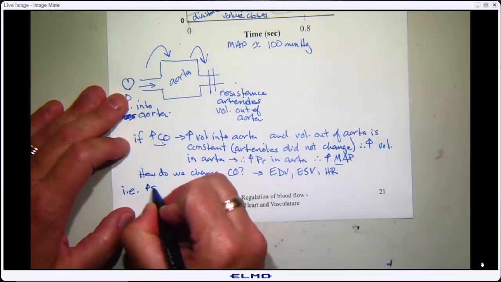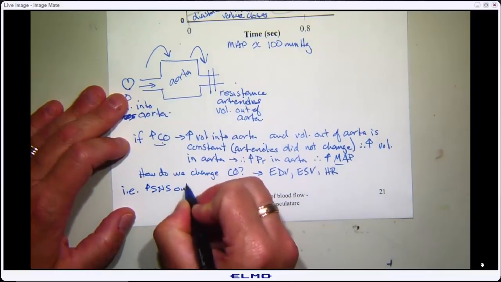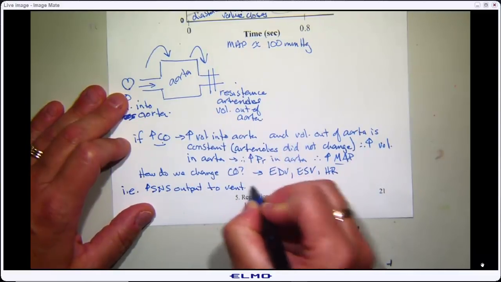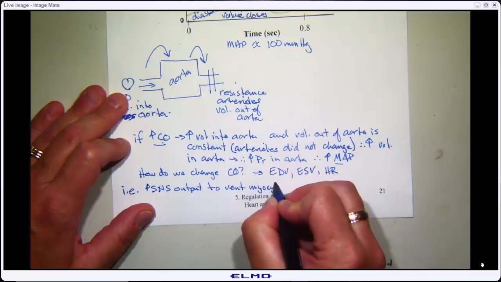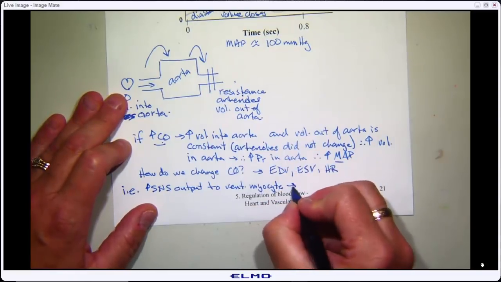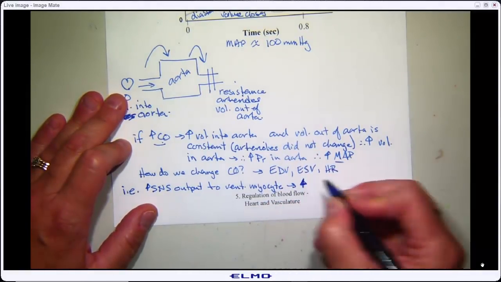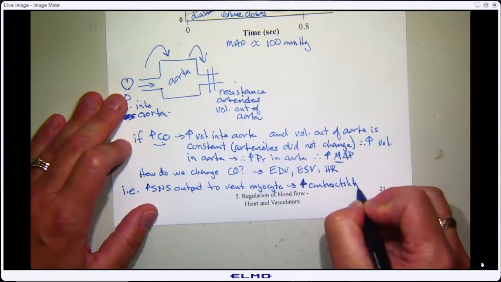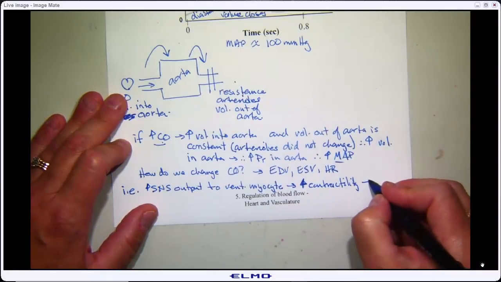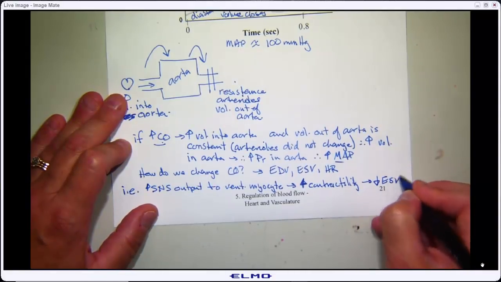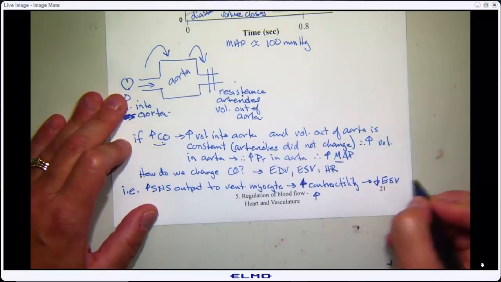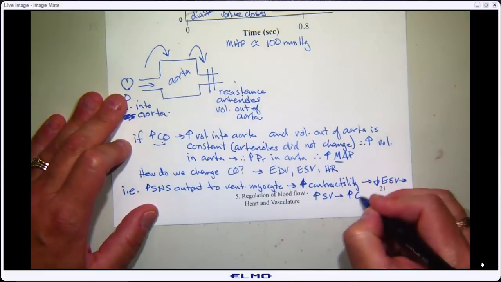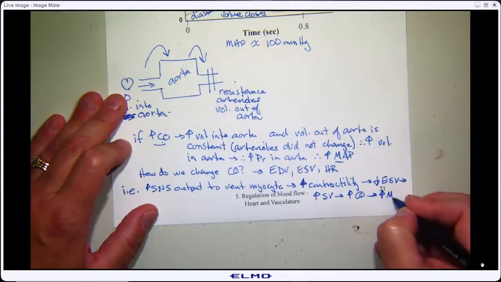I can increase my sympathetic nervous system output to a ventricular myocyte. Okay, and that's going to increase contractility. So increase force of contraction. That's going to drop my end systolic volume, increase my stroke volume, increase my cardiac output, which is going to increase my mean arterial pressure.